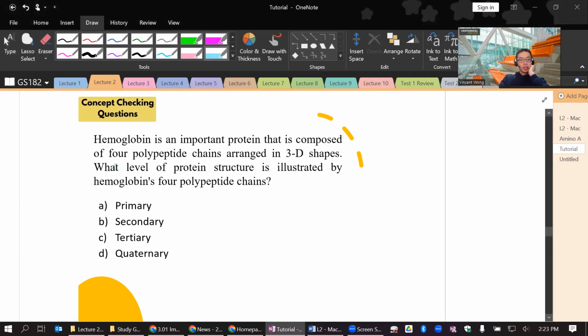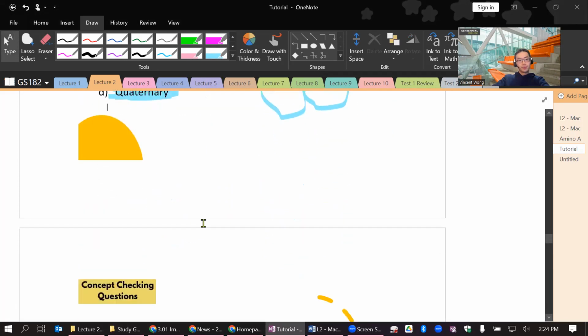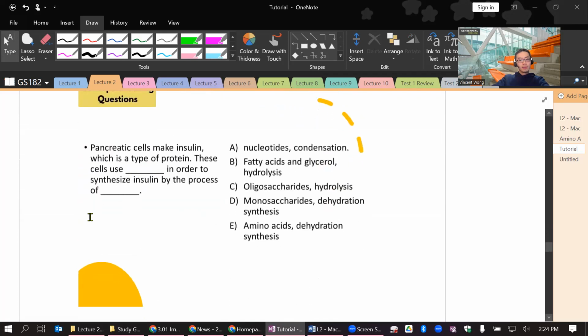I guess we can talk more about it. Hemoglobin is an important protein that is composed of 4 polypeptide chains. This is the key phrase here: 4 polypeptide chains, not just one thing, but 4 blobs together. If you have multiple blobs coming together to form a complex, what level would this be? Quaternary. Anytime you have more than one polypeptide coming together, it's quaternary, level 4. Okay, another one.